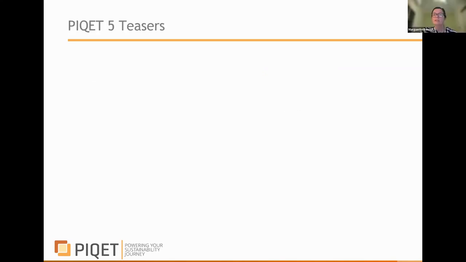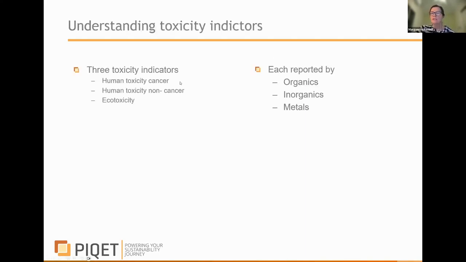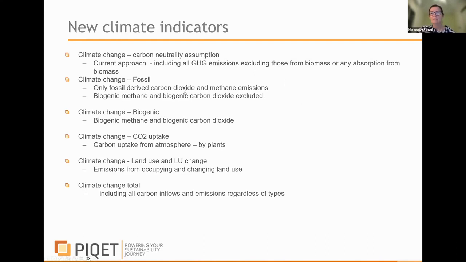Can I have a question if I could? Yep. Just back 2 slides to the climate indicators. For carbon that might be stored in plastic for a period of time, a plastic product, that would come up and be evident in the biogenic ones, and it wouldn't be counted there?